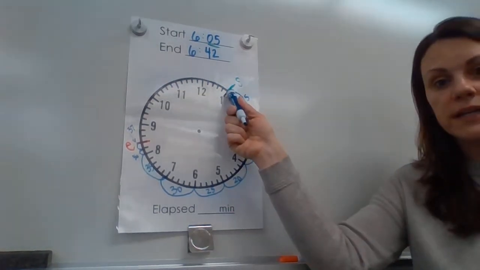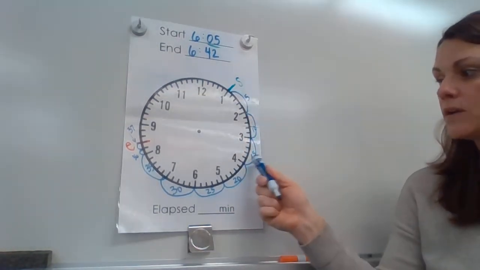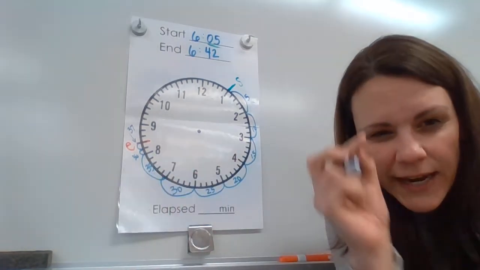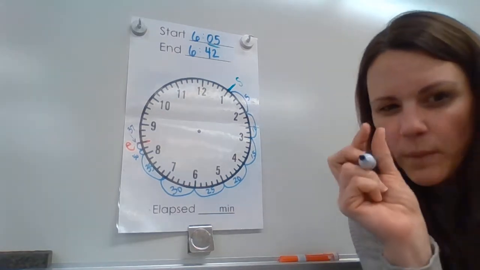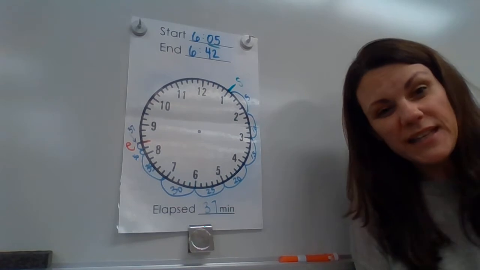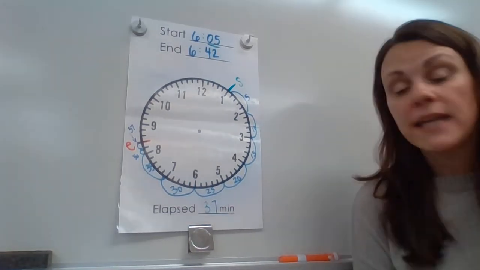So I've started here, I've skip counted all the way around. It's really starting to look like a flower. The final 2 are teeny tiny for those little tick marks, those individual minutes. 37 minutes. 37 minutes between 6:05 and 6:42.